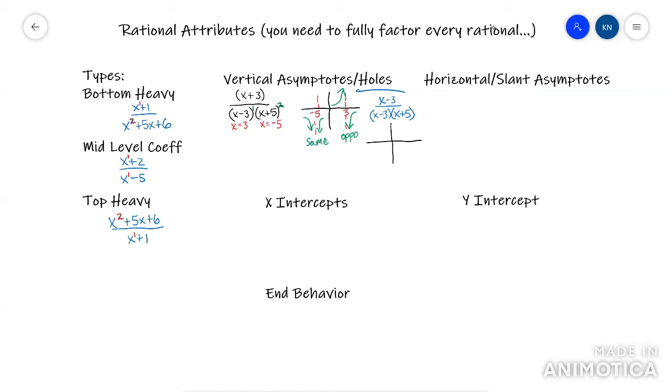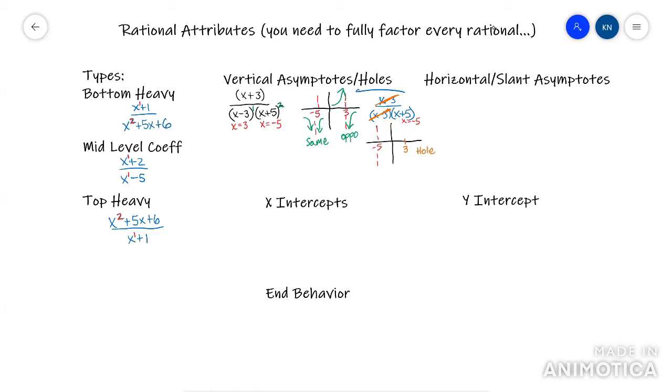I would still have a vertical asymptote at -5. But when you have something cancel, like x minus 3 cancel, that means at an x value of 3, you're going to have a hole.